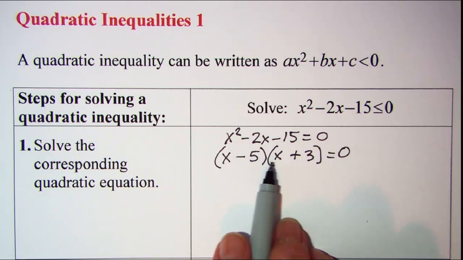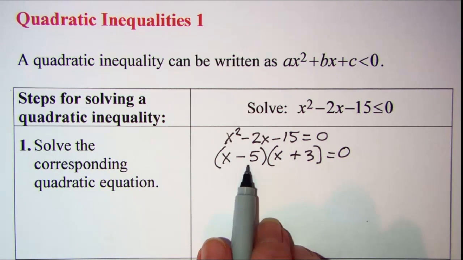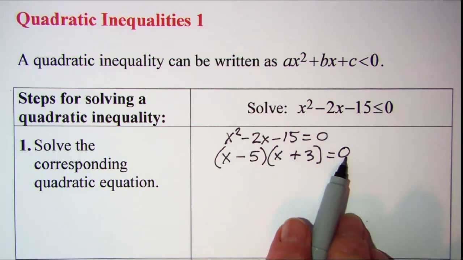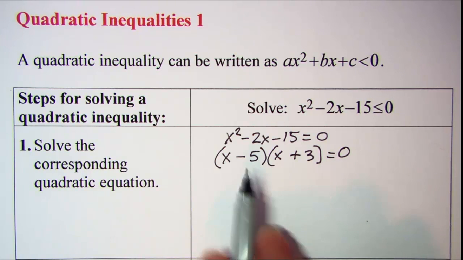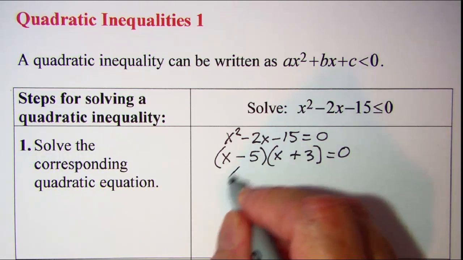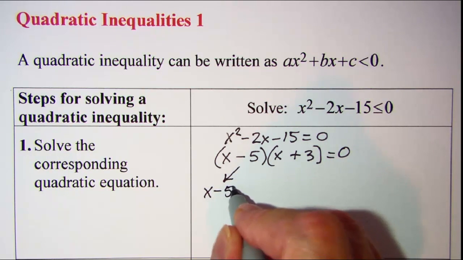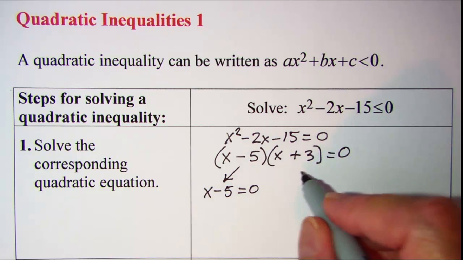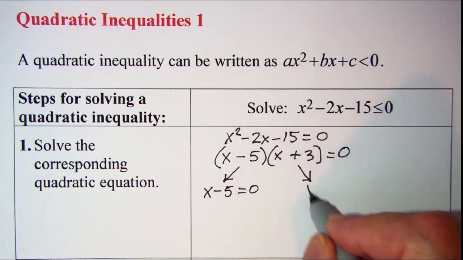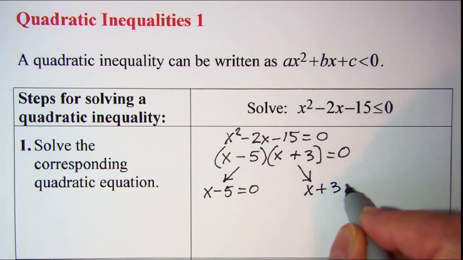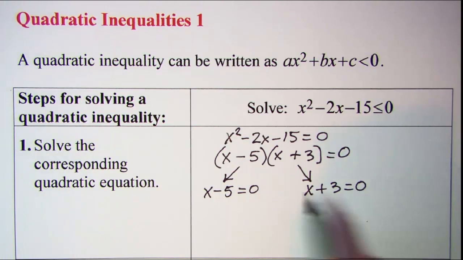So whenever we have two factors multiplied together and their product is 0, then I can let each of the factors equal 0, x minus 5 equals 0, or x plus 3 equals 0, and solve those separately.